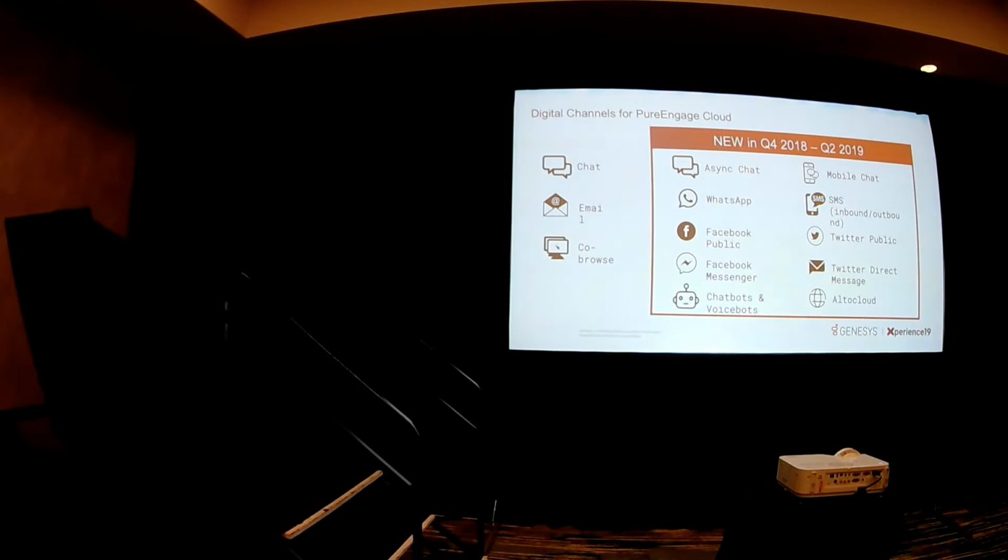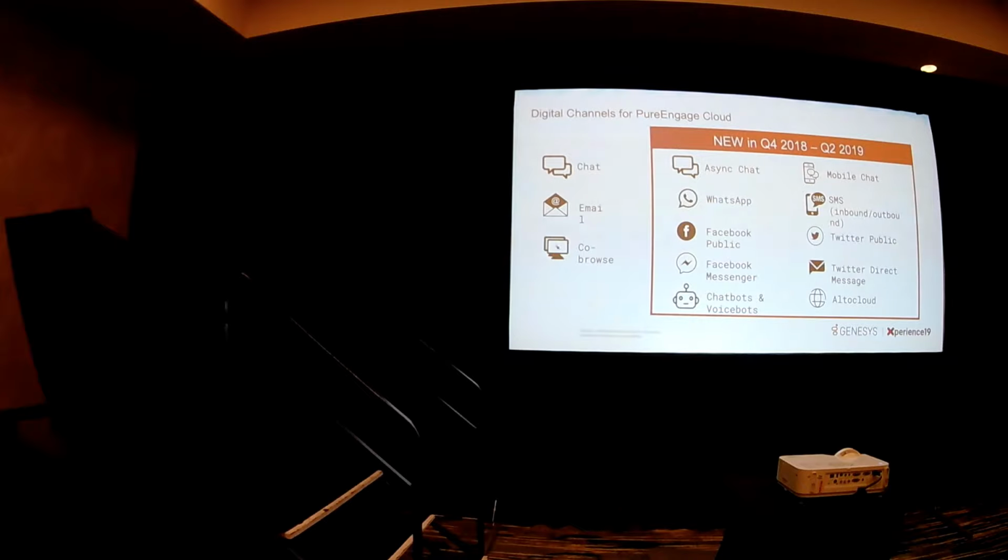Okay, so you're familiar that we used to just have chat, email, and co-browse for PureEngage Cloud. With the new architecture we launched, starting in Q4, async chat, we have mobile chat, so you can build a mobile app that communicates with your contact center through chat. We support WhatsApp, SMS, both for inbound and outbound, for CX contact.